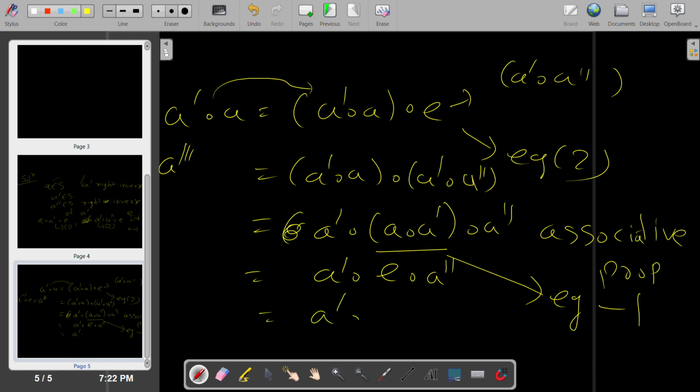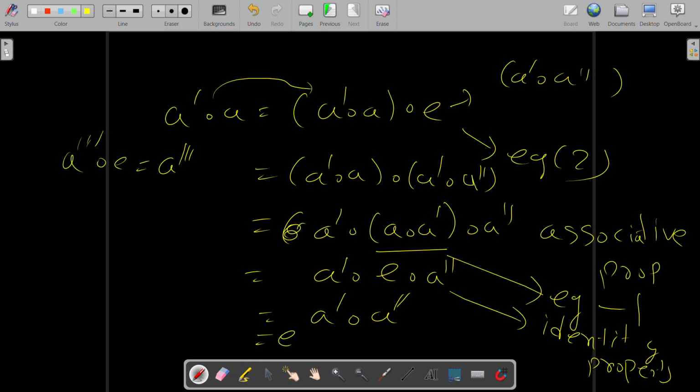Now composition of any element with E, by the property of identity, this will become A dash compose A double dash, which is equal to E.